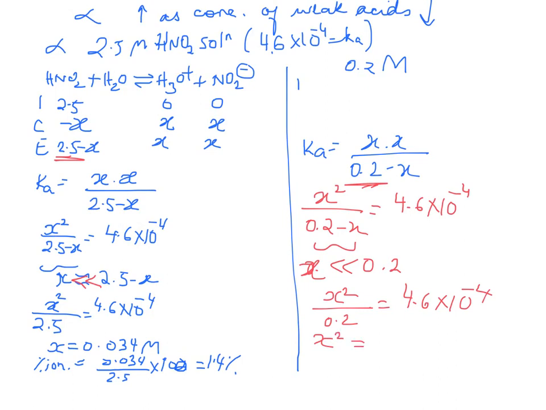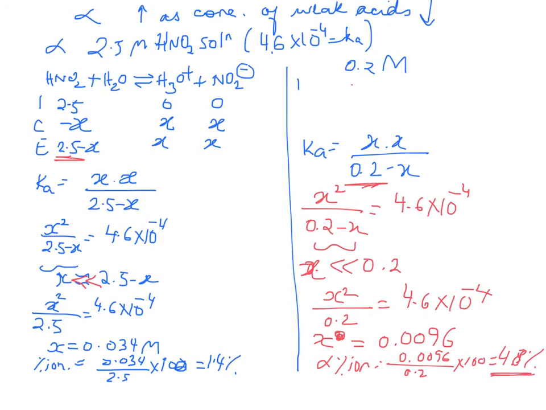X comes out to be 0.0096. When I calculate alpha, the percentage ionization, it'll be 0.0096 divided by 0.2 times 100, which comes out to be 4.8 percent.